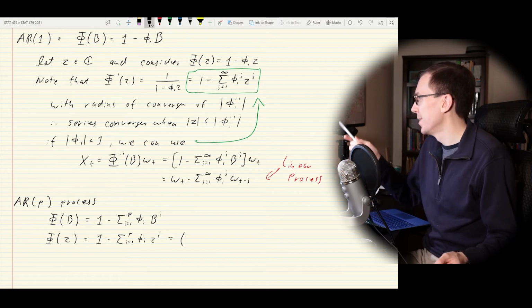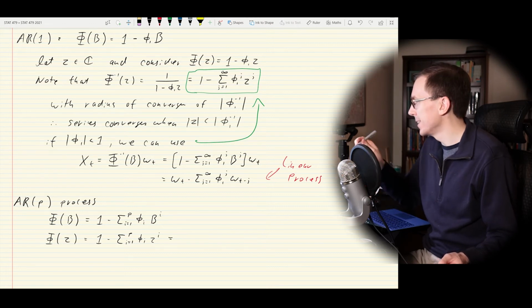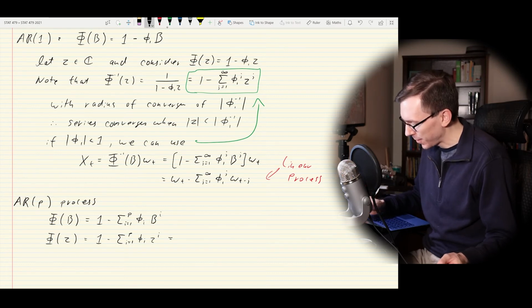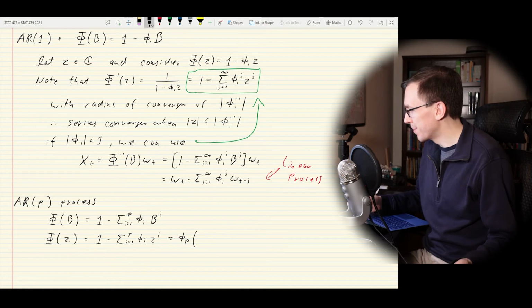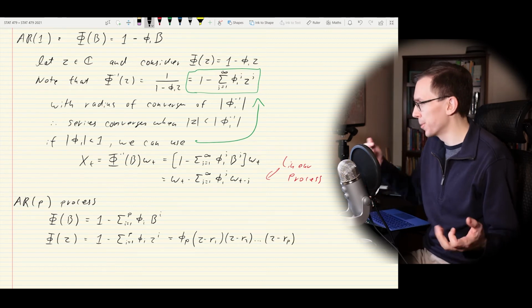In this case, the first thing I need to do is factor out the phi to the p. And then what I'm going to get is a bunch of z minus r1, which is the first root, z minus r2, the second root, all the way up to z minus rp, the pth root.